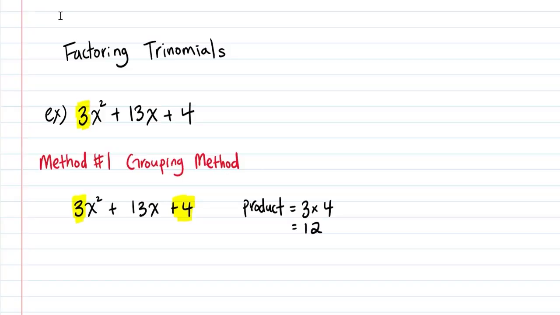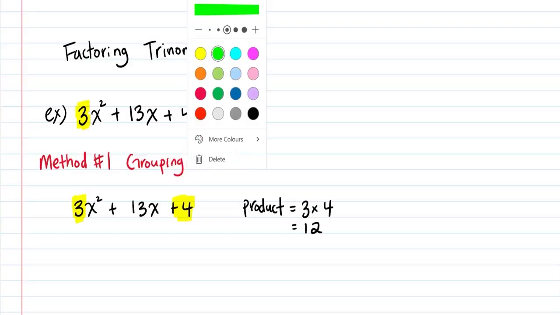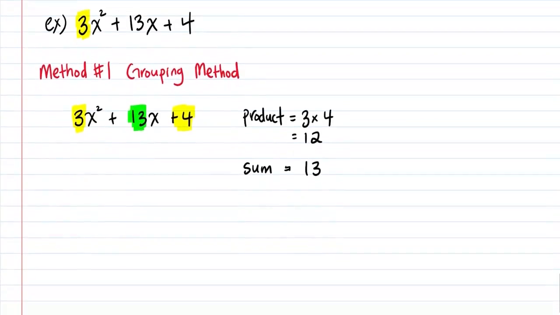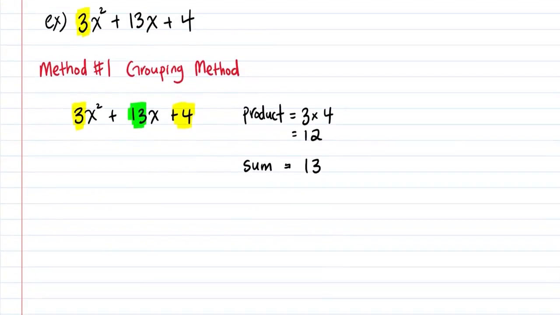And we're going to call the middle number, which is the coefficient of the x term, the sum, as positive 13. So we're going to find two numbers that make the product of 12, and those two numbers will have the sum of 13.